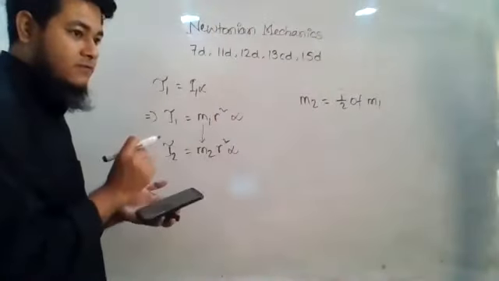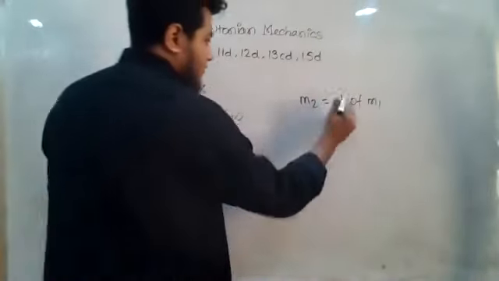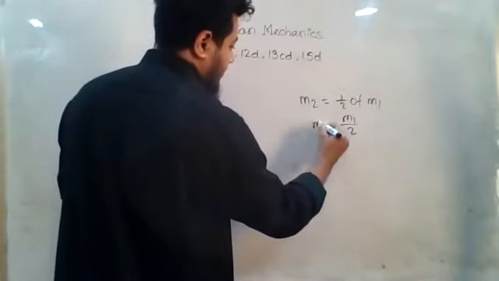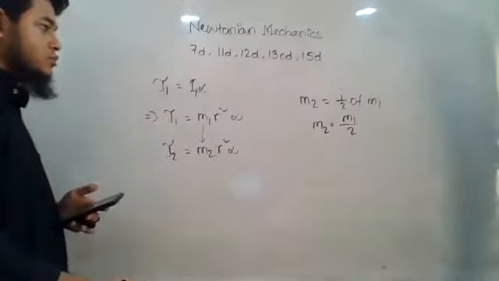Body becomes half, তার মানে mass half হয়ে গেছে আগে। তো তাইলে এখন এটাকে আমরা কি লিখতে পারি? We can write m2 is equal to m1/2.